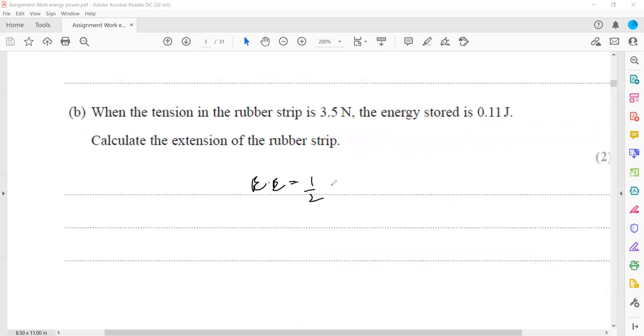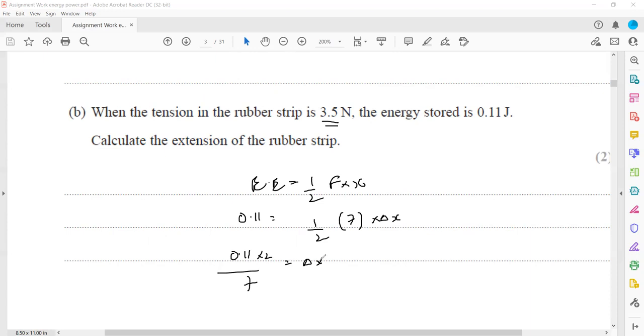Elastic strain energy is half force into extension. The total is 0.11. It is half, and the force will be 3.5 each side because the tension in the rubber strip is 3.5, so the total will be 7, multiplied by extension, which we are finding. So 0.11 multiplied by 2 divided by 7 will be the extension.